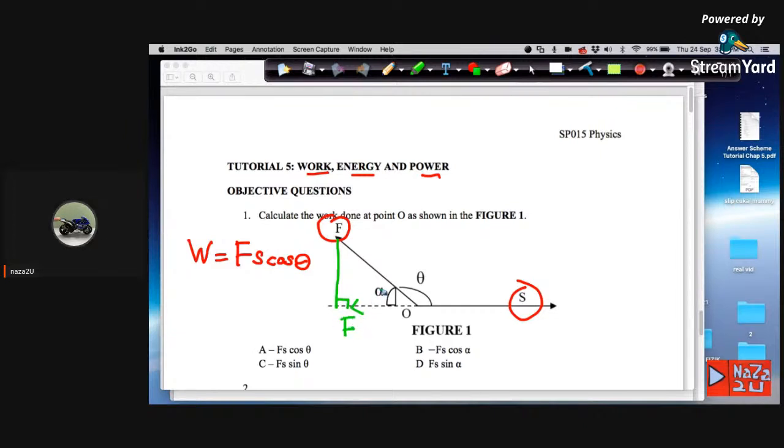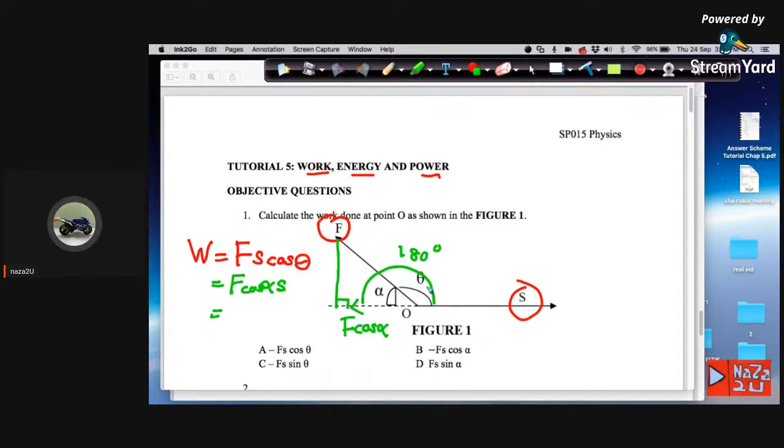Because this is alpha, this is F cos alpha, right? And the force here is F cos alpha, times displacement S. Or we can find the angle between force and S here, which is 180.